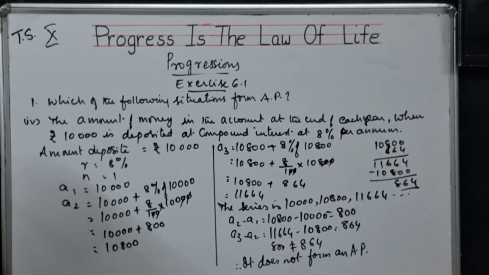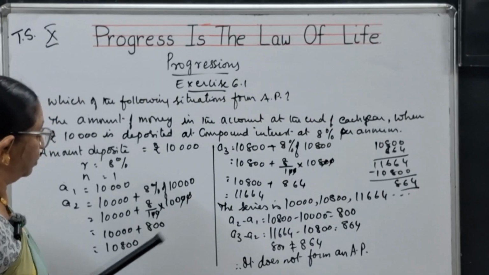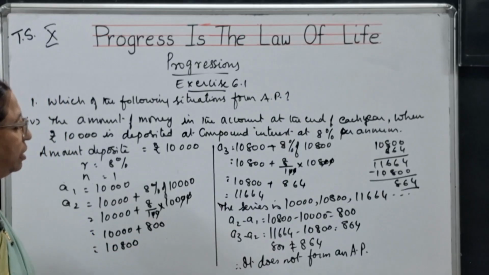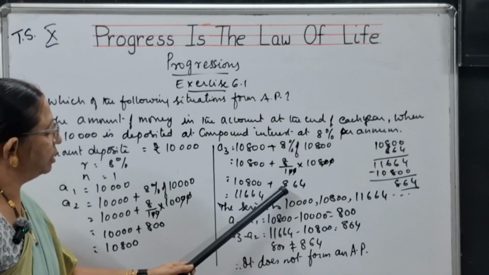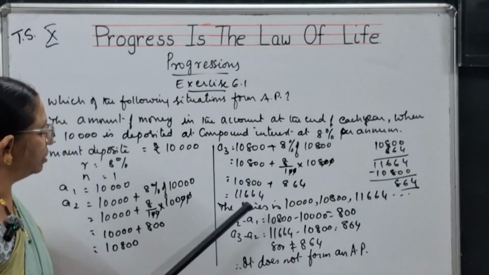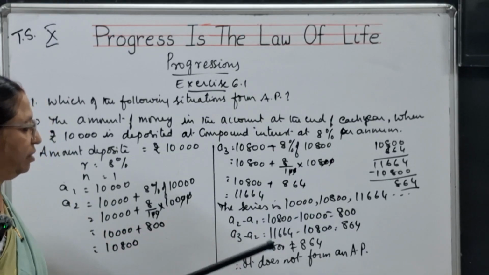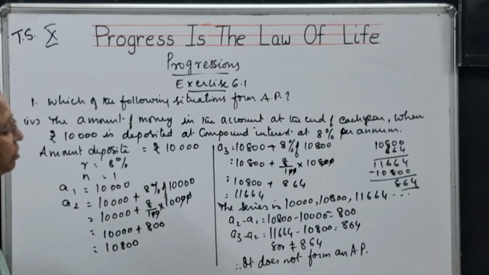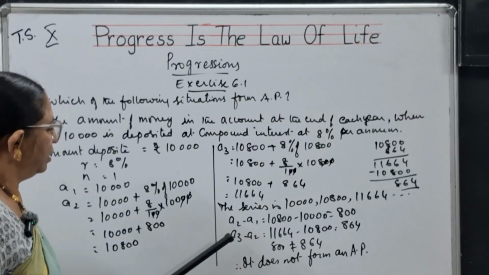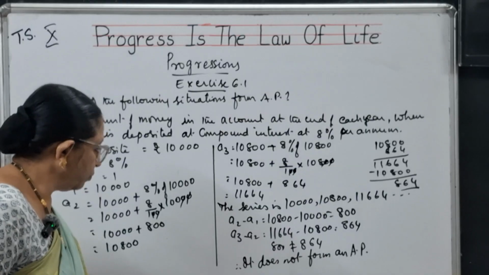Now, in the next year, 8% of 10,800 will be added to it. So 8% of 10,800 is 864. If I add it, the amount is 11,664. So let us take these three as a series: 10,000, 10,800, 11,664. When you find the difference A2 minus A1, we got 800. A3 minus A2, 864. These two are not the same, so it will not form an AP.